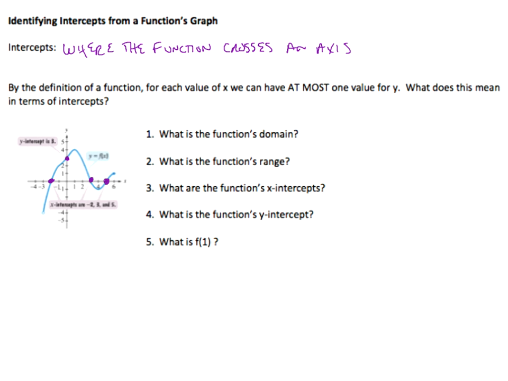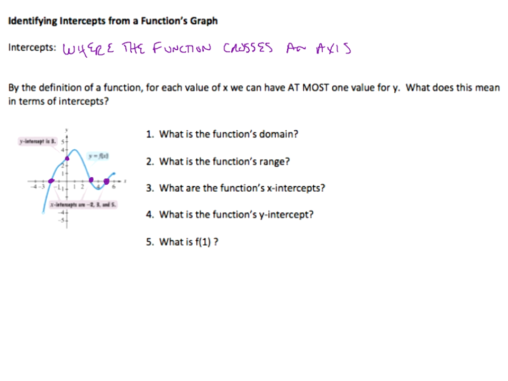But you can't have 2 y-intercepts or you have stacked points. Hopefully that's clear to everybody. By definition of a function, for each value of x, we can have at most 1 value for y. What does this mean in terms of intercepts? That's what I just told you. You can have multiple x-intercepts, but only 1 y-intercept for it to be a function.